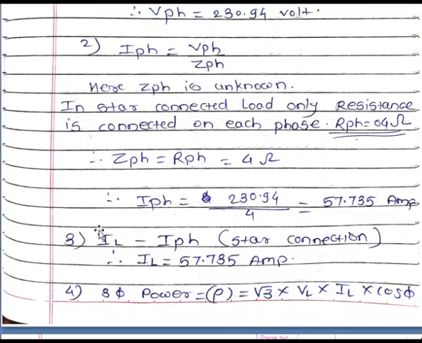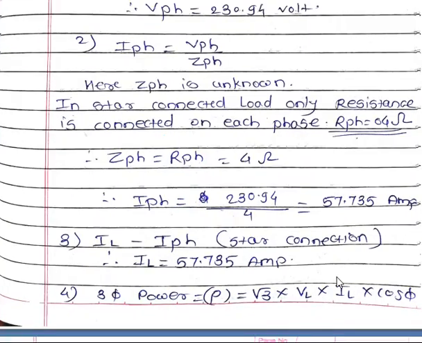Now we calculate the value of IL. IL is equal to IPH in a star connected load. Therefore the value of IL, that is line current, is 57.735 ampere. In this example only resistance is present, therefore ZPH is equal to RPH.